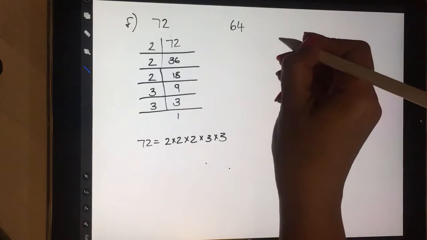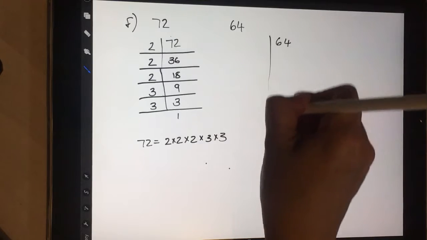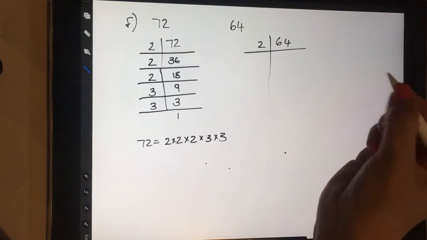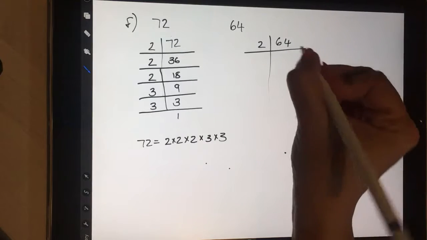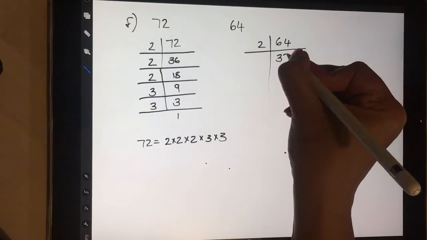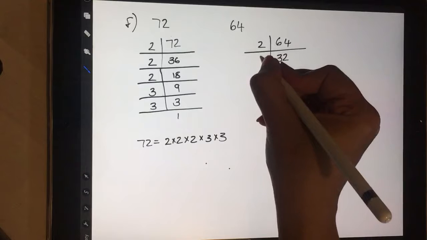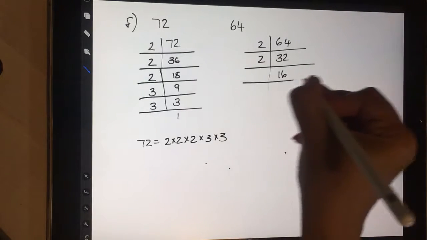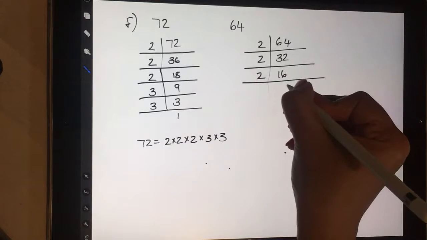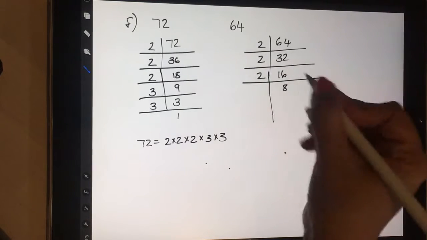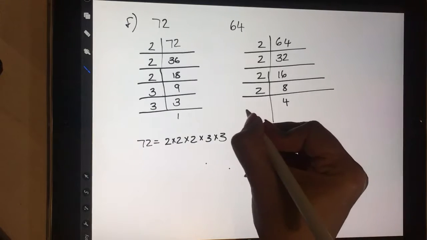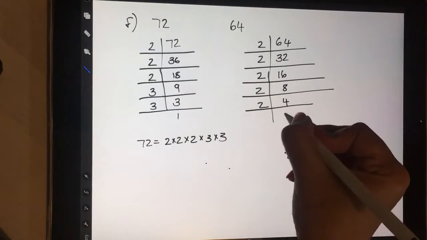We're going to do exactly the same for the number 64. The smallest number that can divide into 64 is 2. 64 divided by 2 will give you 32. 32 divided by 2 will give you 16. 16 divided by 2 will give you 8. 8 divided by 2 will give you 4. 4 divided by 2 will give you 2.